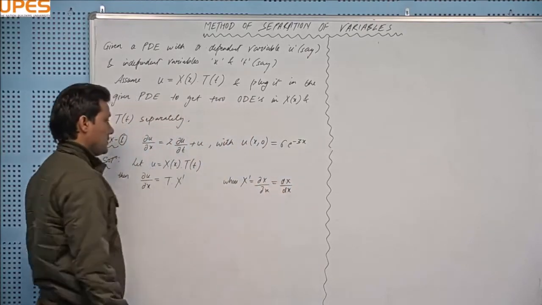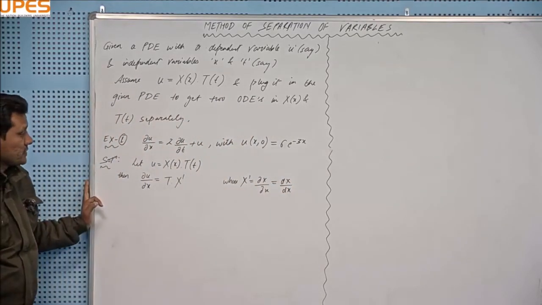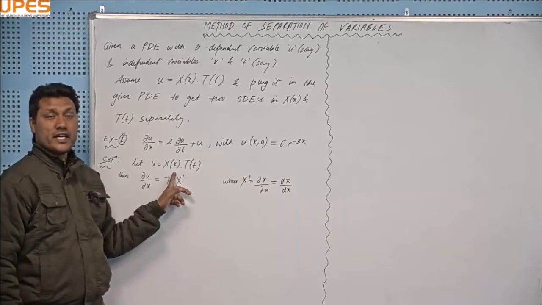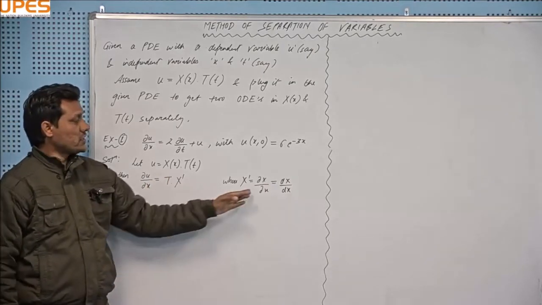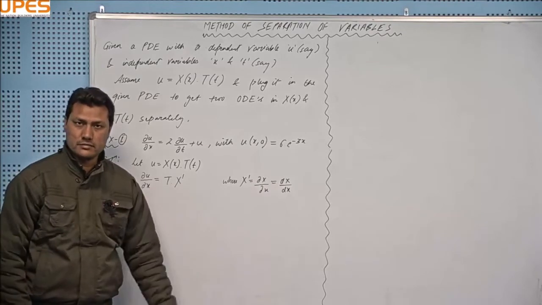You can see that, because since it is a function of x only, the partial derivative will be equal to the ordinary derivative.